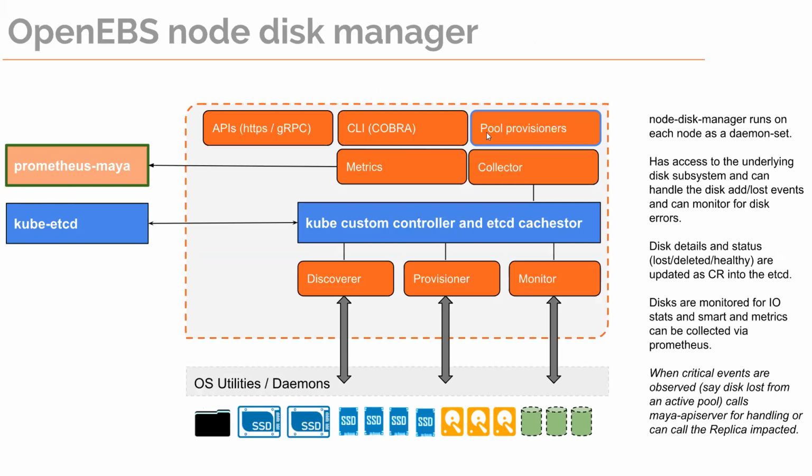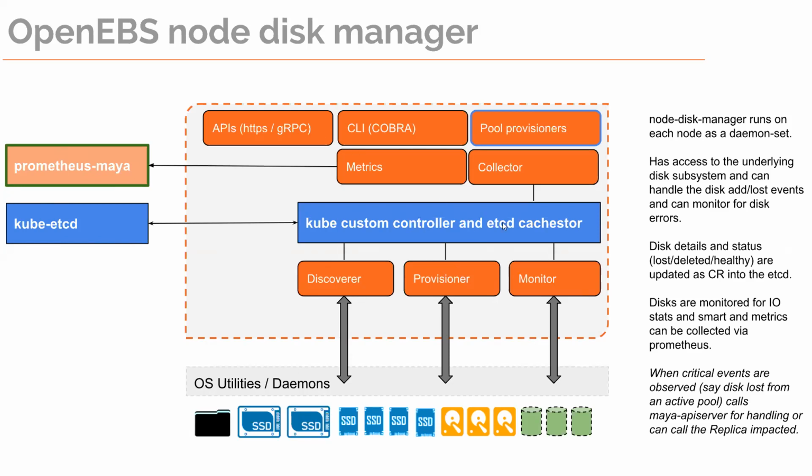Next is really about representing the proposed node disk manager or node bot in a detailed way. The disk objects are going to be provisioned, monitored, and discovered by the disk provisioners, and we're going to use etcd to store this configuration, and metrics can also be collected on the fly, and then go into the standard metric systems such as Prometheus.